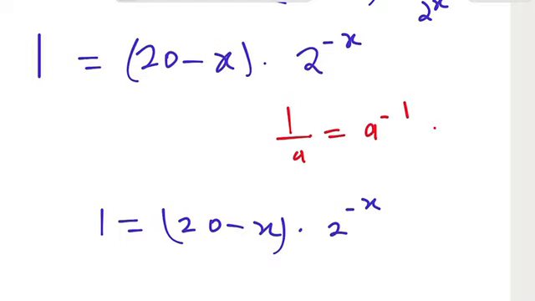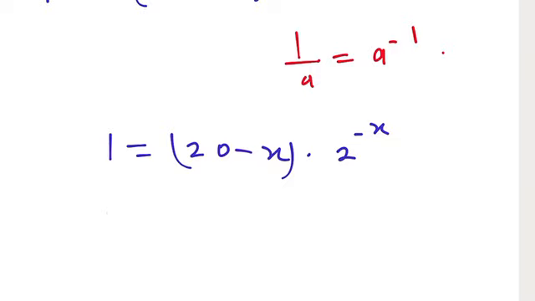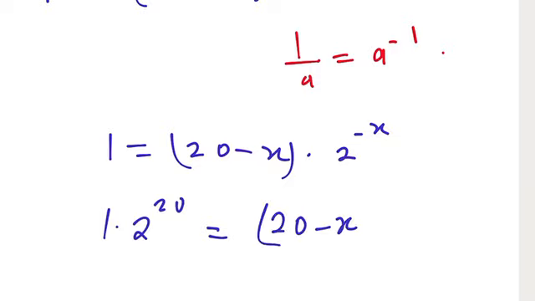So the next thing I'm going to do, I would like to multiply both sides of this equation by 2 to the power of 20. We're going to have 1 multiplied by 2 to the power of 20 equals 20 minus x, then multiplied by 2 to the power of minus x multiplied by 2 to the power of 20.